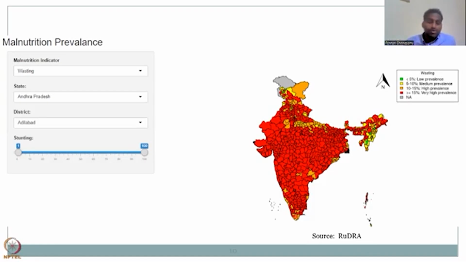So see how beautifully a data set has been plotted. Your GIS map is there, but it is static, whereas your dashboard is dynamic. You can see that there is a slider. If you move the slider, then you have a difference of combination of malnutrition and stunting in the state Andhra Pradesh, in the district Adilabad, and that can actually create better understanding of the data.